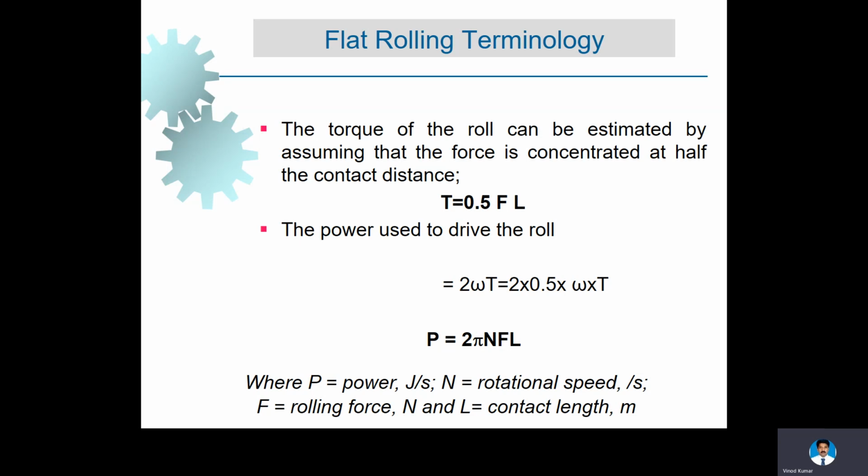For example, if we want to reduce a material from a thickness of 50 mm to 40 mm, how much torque and power are required can be determined using the torque and power equations.